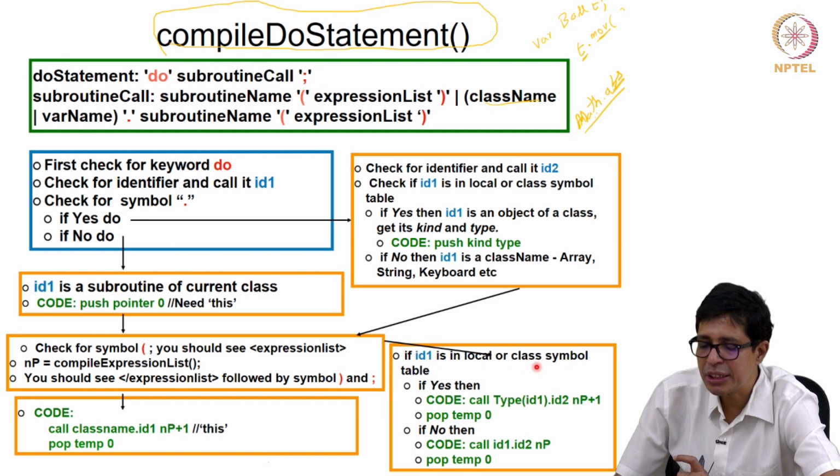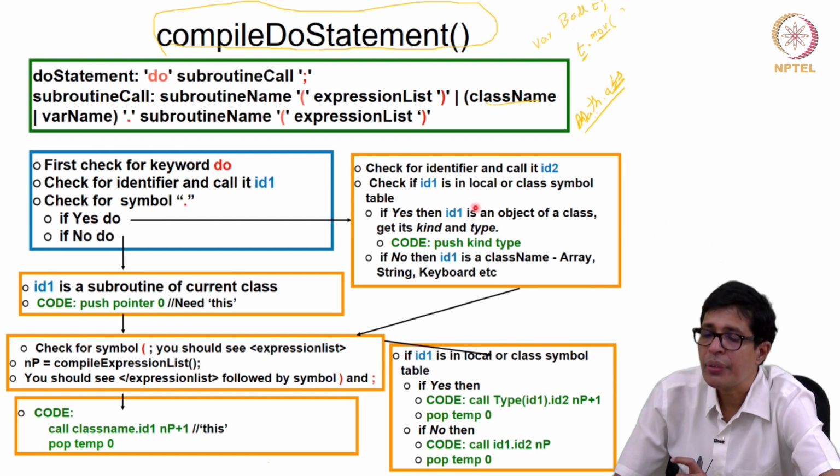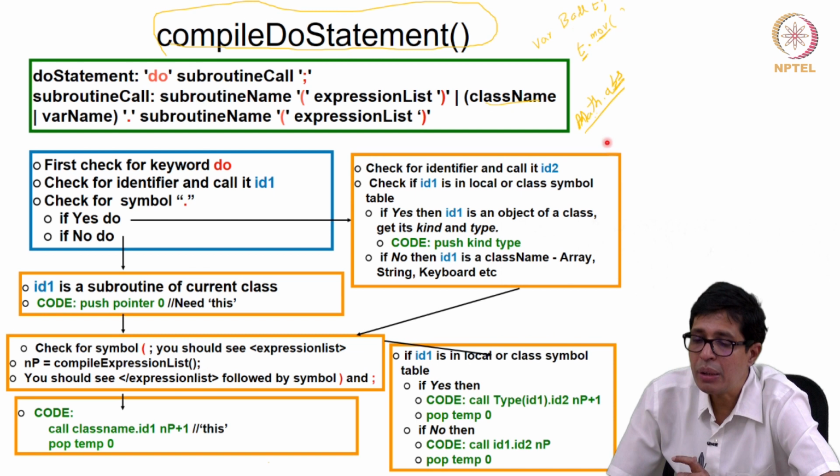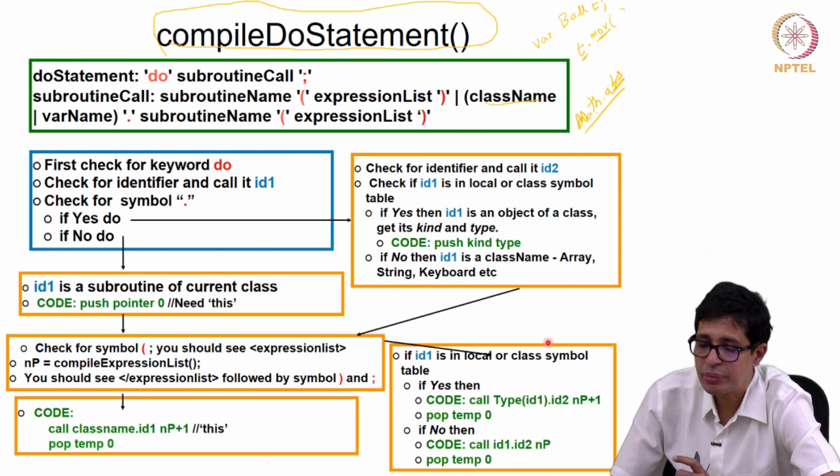If id1 is in the local or class symbol table, that is, if id1 is a var name, then call the type of id1 dot id2, np plus 1. So I need to call ball dot move, and np plus 1 because you have the this of that.